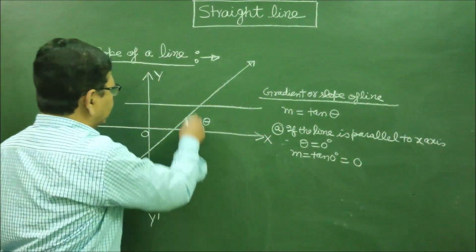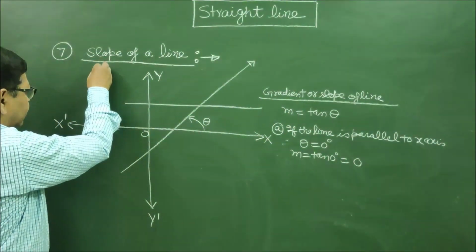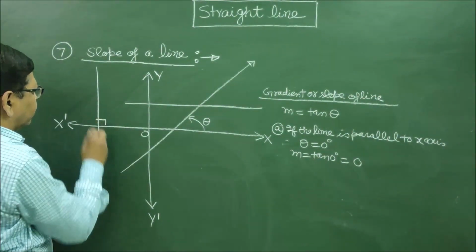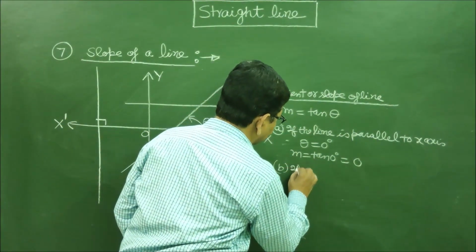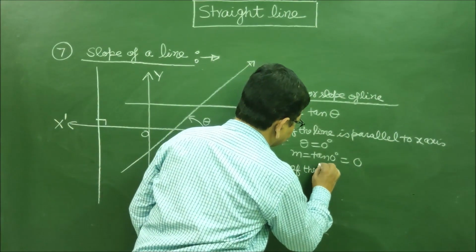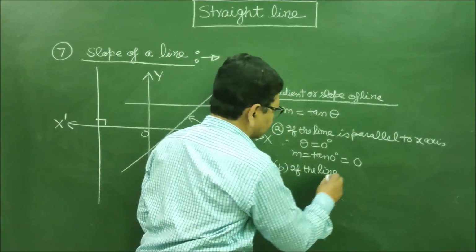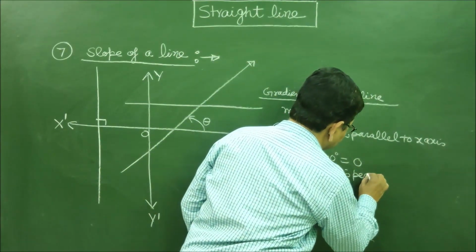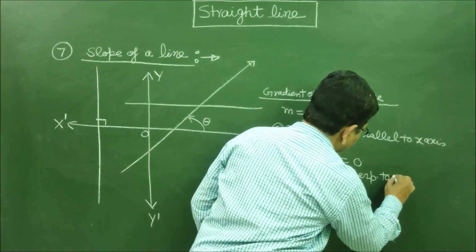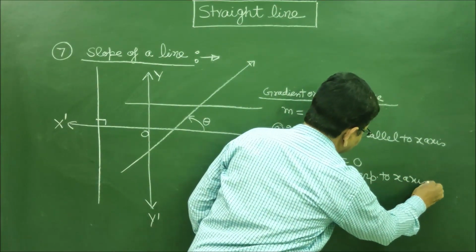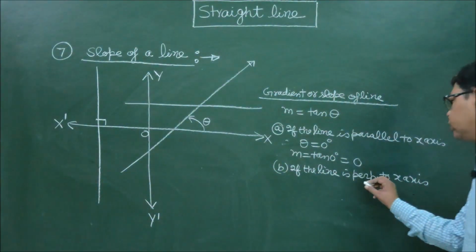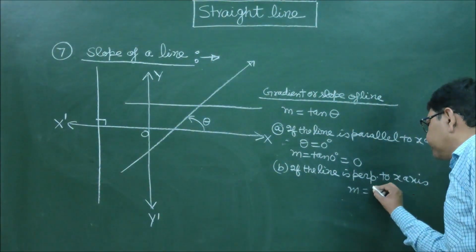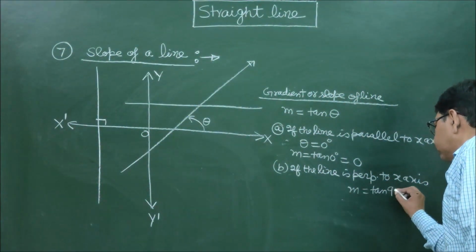Now if the line is perpendicular to the x-axis, that is, it is parallel to the y-axis, in that case the slope of the line m is equal to tan 90, which is not defined.